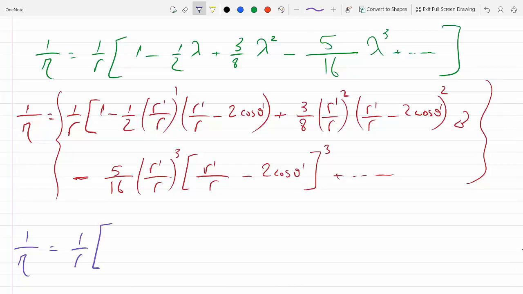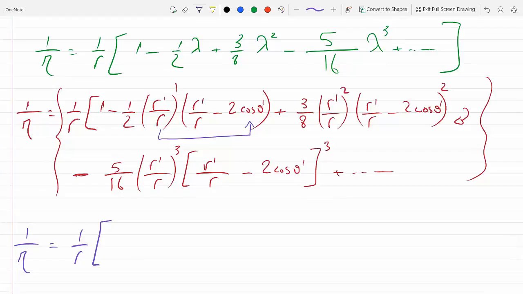Well, r prime over r times cosine theta prime, that's this guy times this guy, correct? So the 1 stays there. We have minus minus, so this becomes plus, so r prime over r cosine theta prime. That's right? Okay, and now next we have this times this.